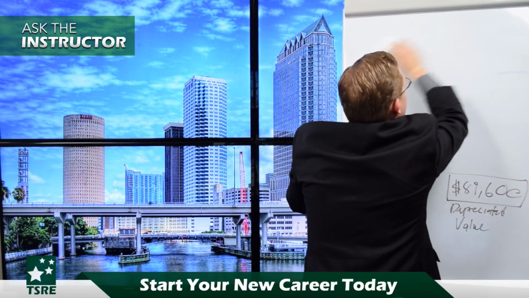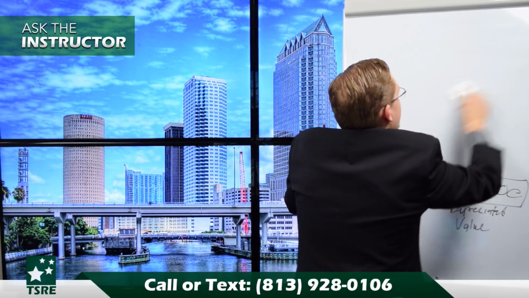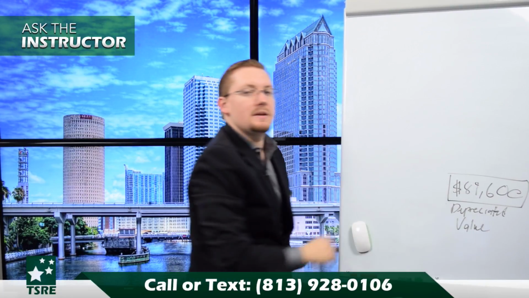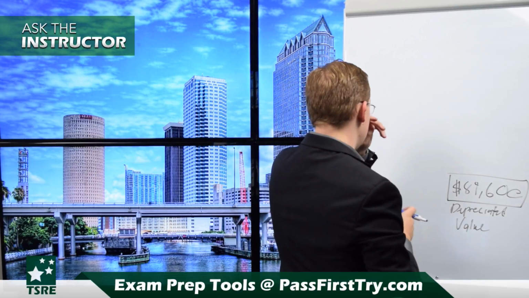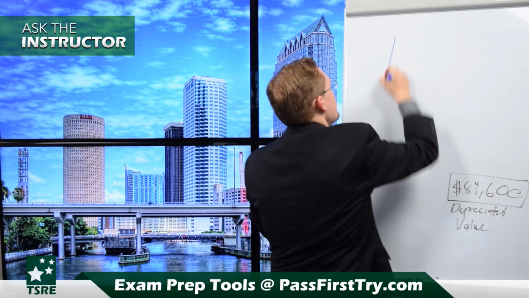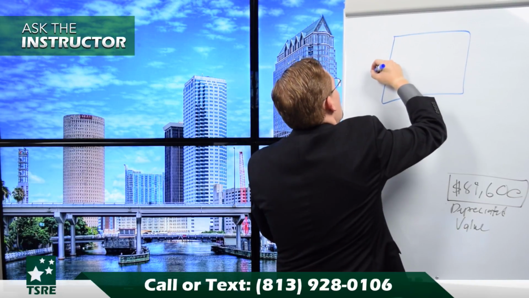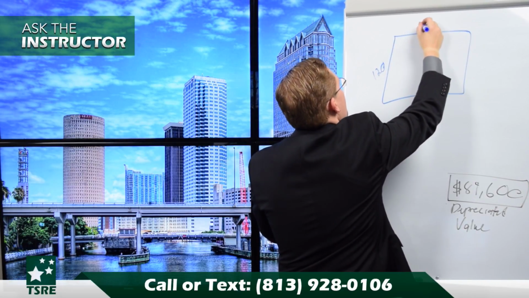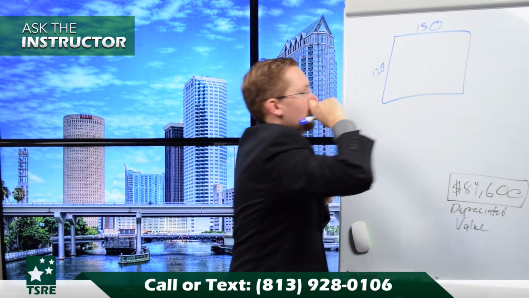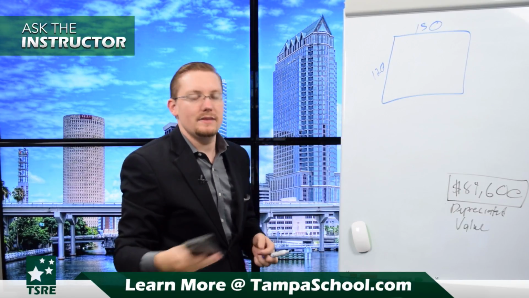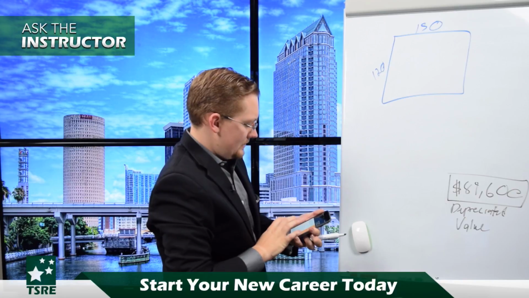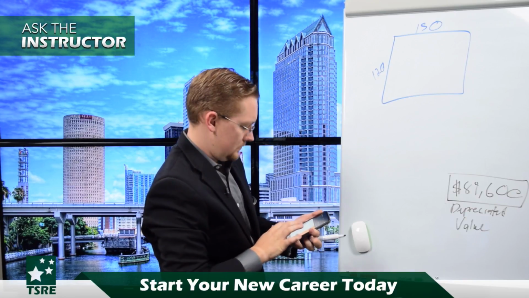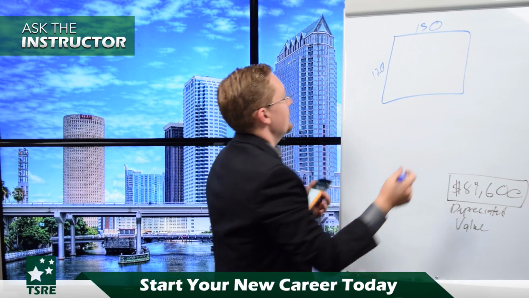So let's say that this building that we just figured out sits on a piece of land, and let's make the lot nice and big. Let's say the lot is 120 feet by 150 feet. What's this going to be? 18,000.